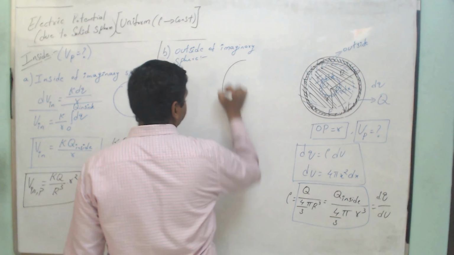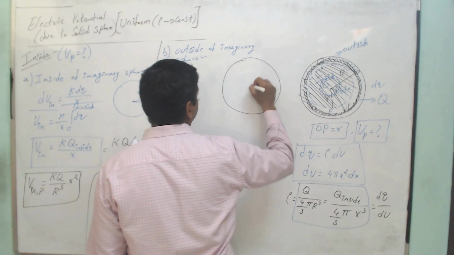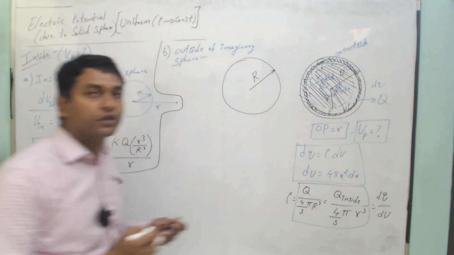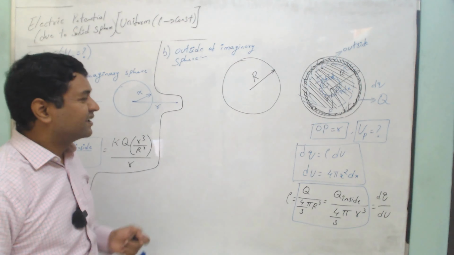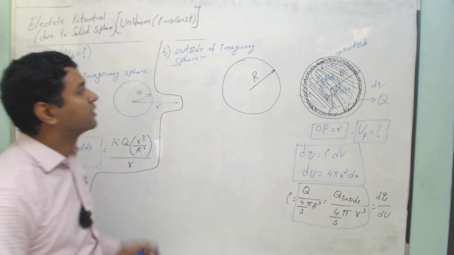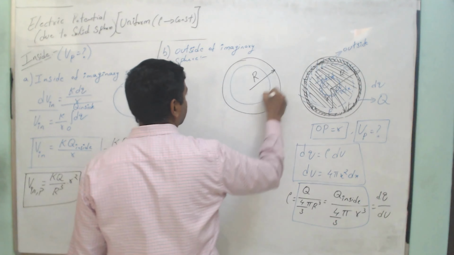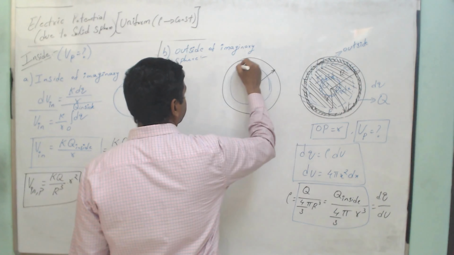So I have my complete radius capital R. In that I have an element at radius t having a width dt.